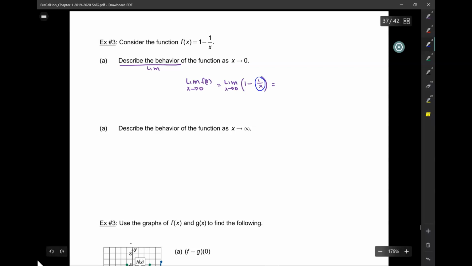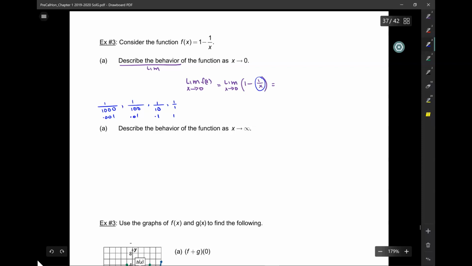If I have 1 over 1,000, that's 0.001. And if I have 1 over 100, make the denominator smaller, 0.01. 1 over 10, 0.1. 1 over 1, 1. So the denominator is getting smaller and smaller from 1,000 to 100 to 10 to 1.